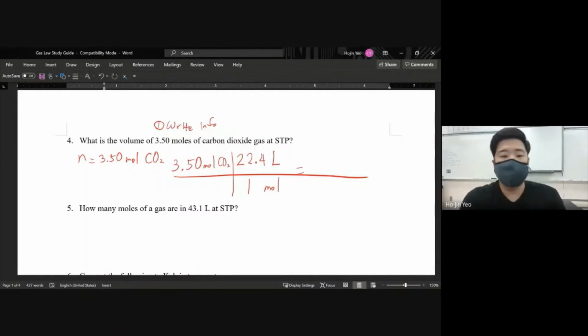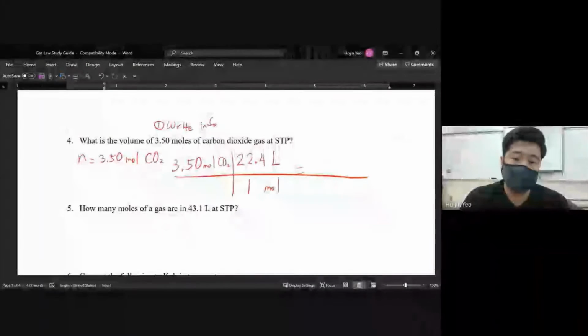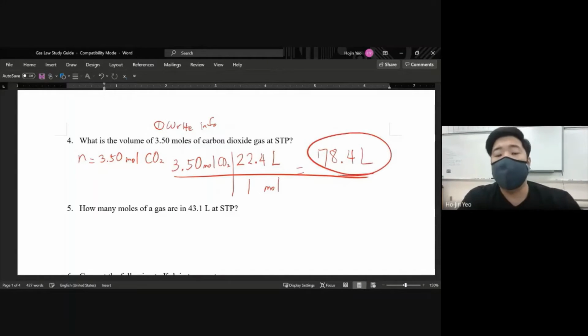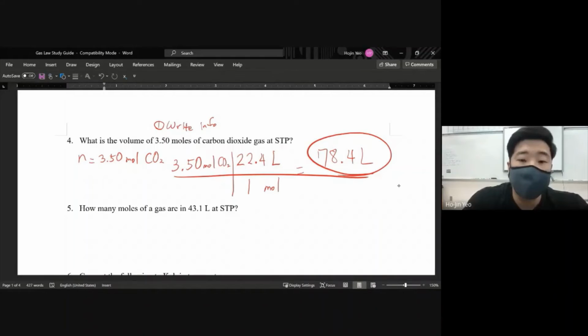So once you calculate this, you will get 78.4 liters. So always make sure about the sig figs as well. We have 3.50.